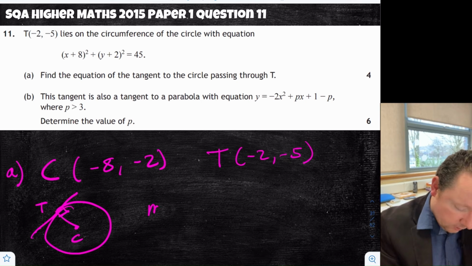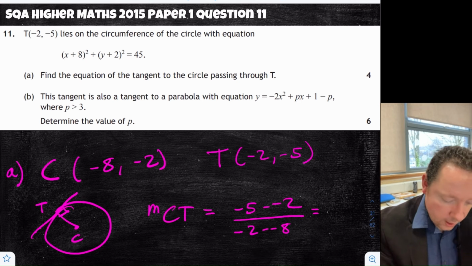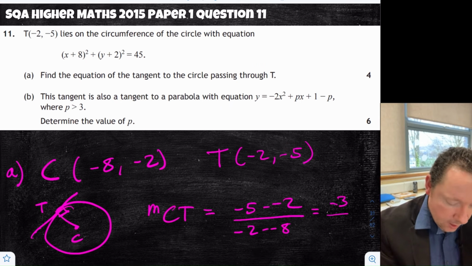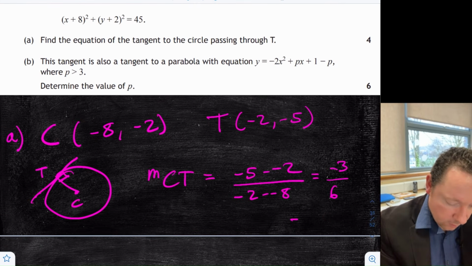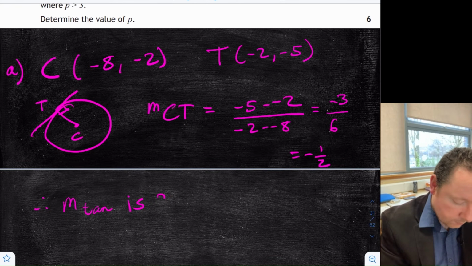So the gradient of CT is equal to minus 5 minus minus 2 over minus 2 minus minus 8. Minus 5 add 2 is minus 3. Minus 2 add 8 is 6. That's equal to minus a half. Therefore, the gradient of the tangent is 2, since m1 times m2 equals minus 1.